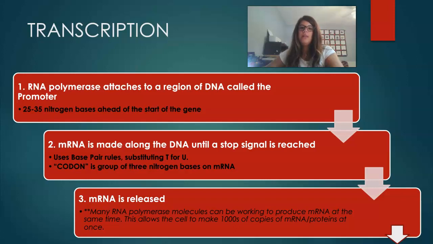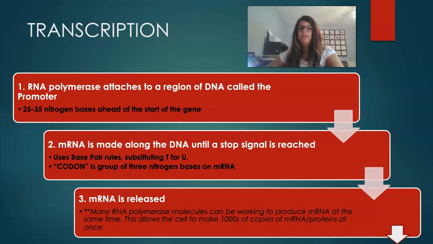It will keep doing that until a stop signal is reached. At that point, the messenger RNA ends up being released, where it can then leave the nucleus and go into the cytoplasm to find a ribosome in order to start taking those instructions and putting it together.